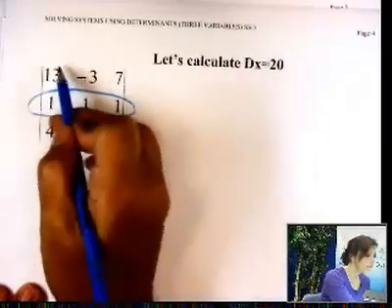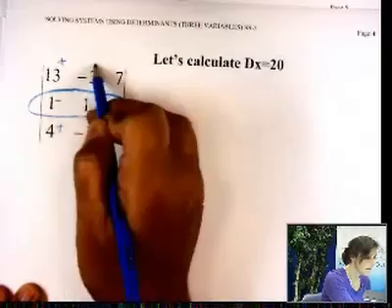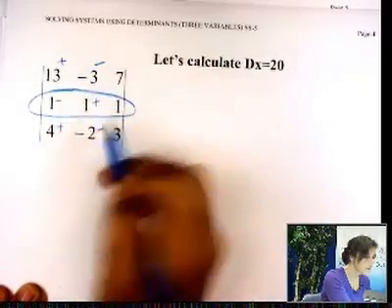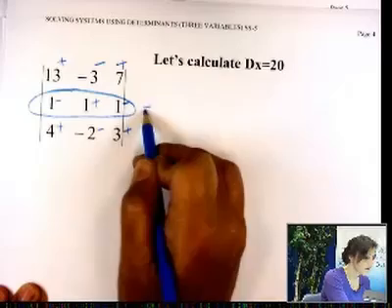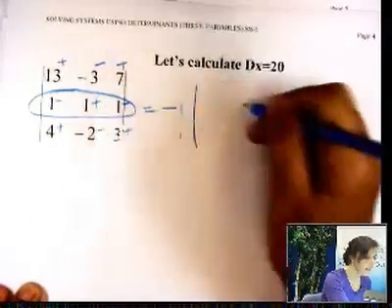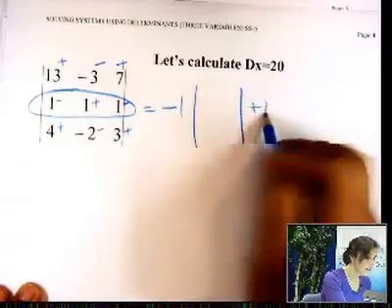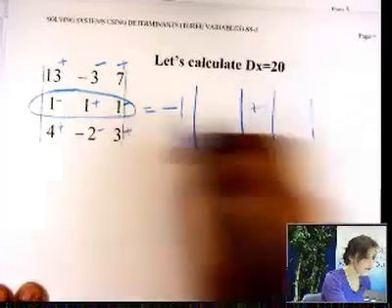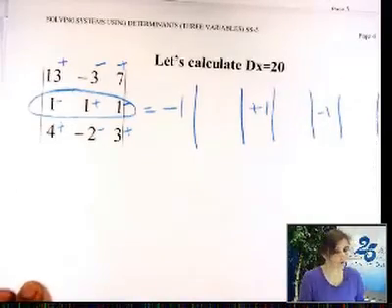So, for that, I'm going to have to put plus, minus, plus, minus, plus. So I'm going to have to put negative 1 and the determinant, plus 1 and the determinant, and then negative 1 and the determinant. I'm going to put the determinant in.